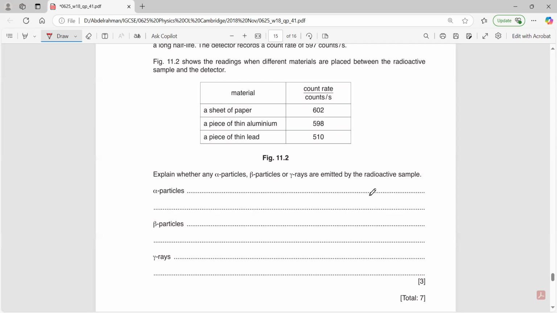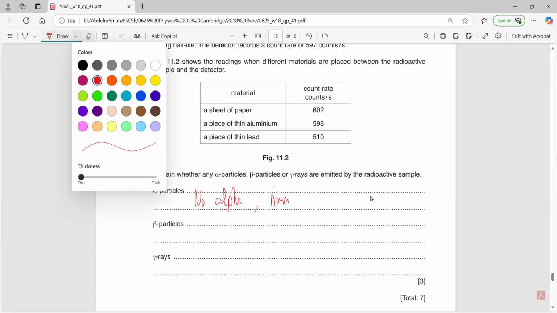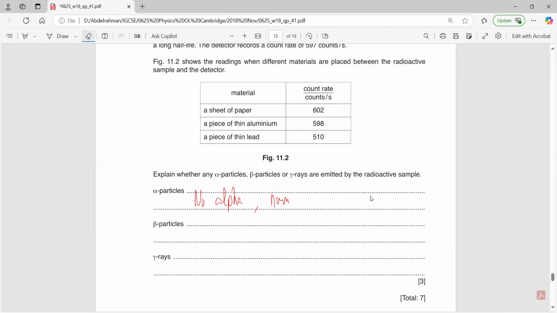If you remember, we had some background radiation, so no alpha particles. Why no alpha particles? Because the reading almost stayed the same, it didn't decrease.